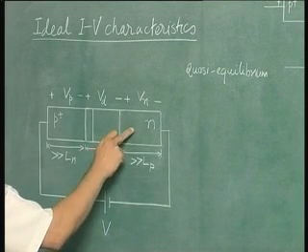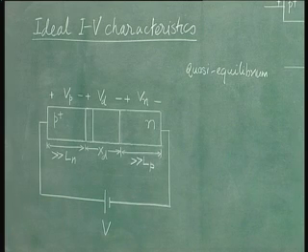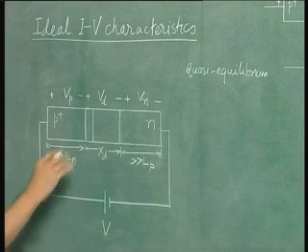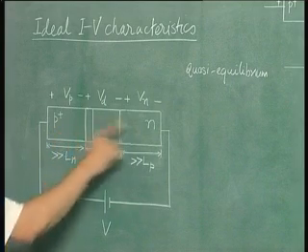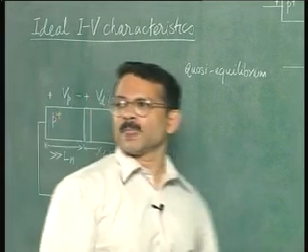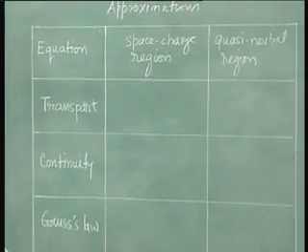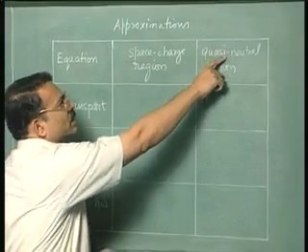Now these two regions which are neutral under equilibrium will continue to be approximately so under applied bias. That is why these two regions are referred to as quasi neutral regions. So in our table here, we have listed the p and n regions as quasi neutral regions.